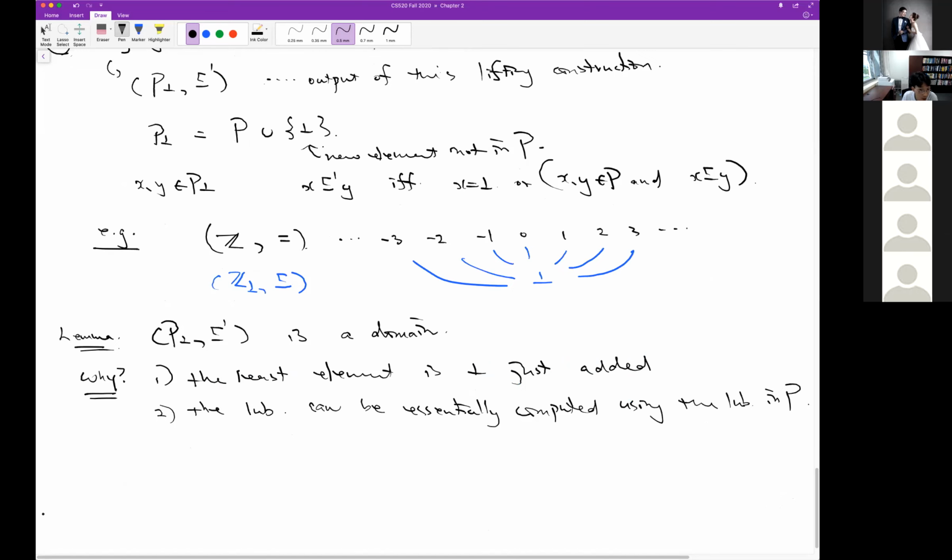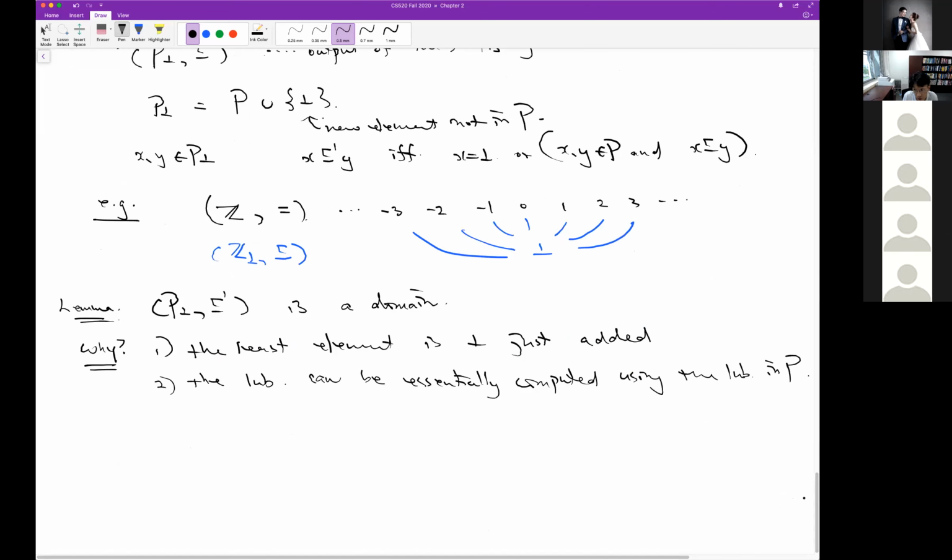So this is going to be a domain. It's very simple, but it's quite important.